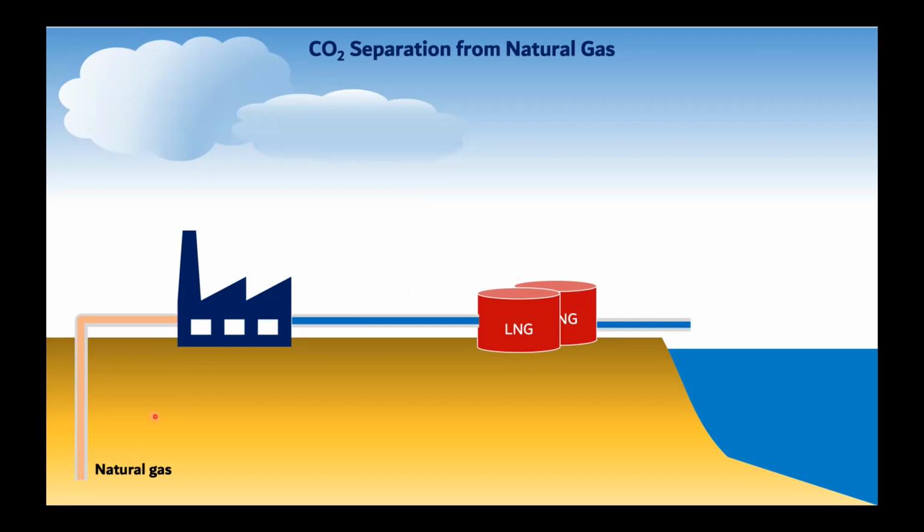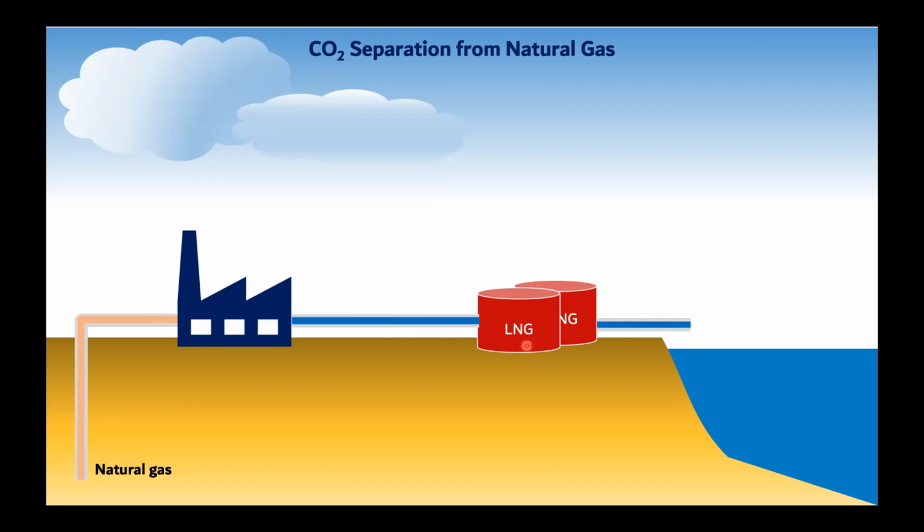Because to liquefy the natural gas, we have to cool it down to minus 100 degrees Celsius, while the CO2 will solidify. If we have too much CO2, it will plug the pipelines, and that is bad. So we need to separate the CO2, so the maximum CO2 is up to 200 ppm, or sometimes up to 50 ppm. Then we can safely liquefy the natural gas.